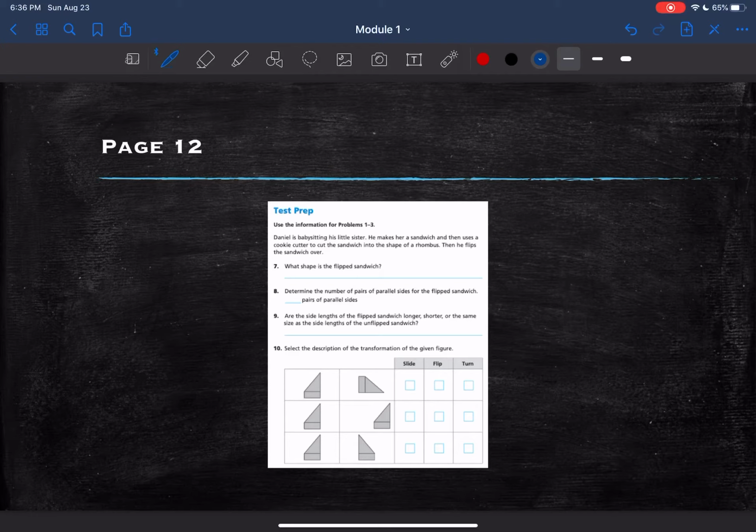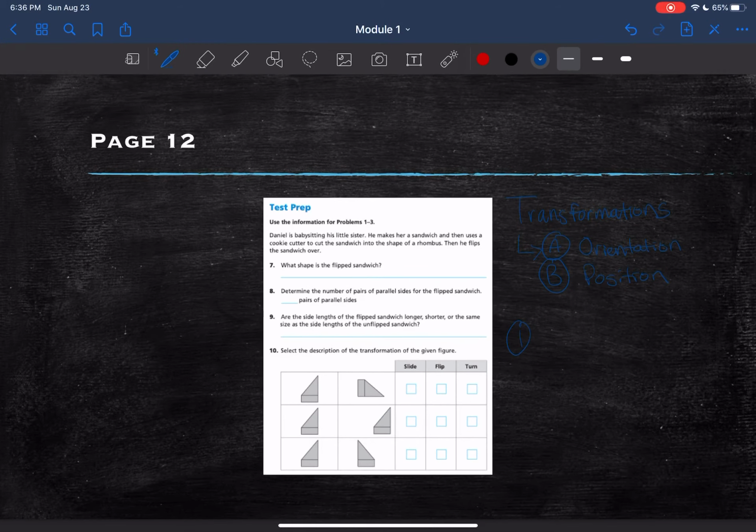So, now we've reached the test prep. The lesson is kind of concluded. I know it was a shorter lesson, but the things we need to be able to do here is notice that we've been talking about transformations. Transformations, what do they change? Well, it could either change the orientation or the position. All right, and we have 3 different types.